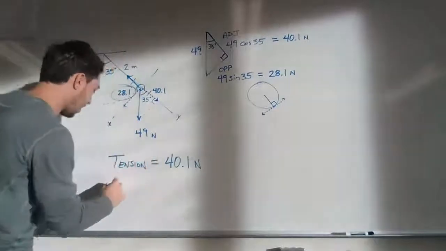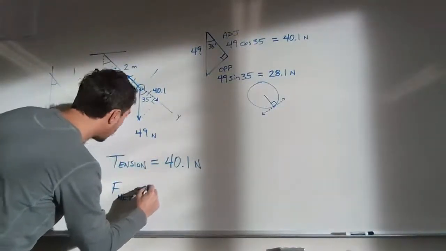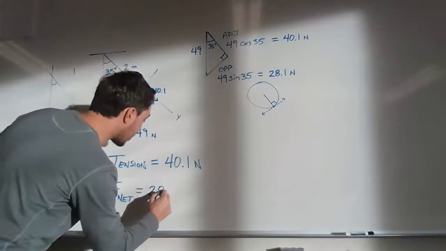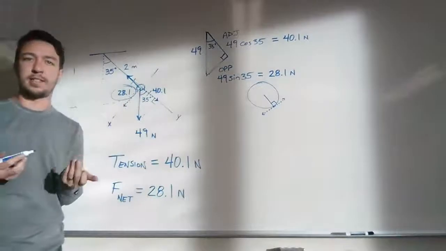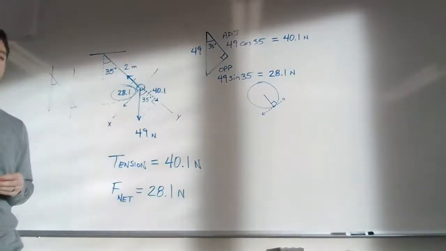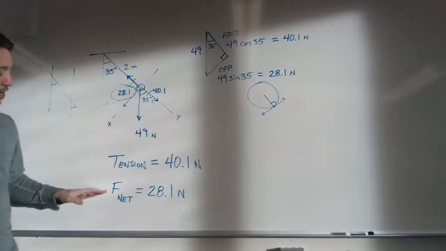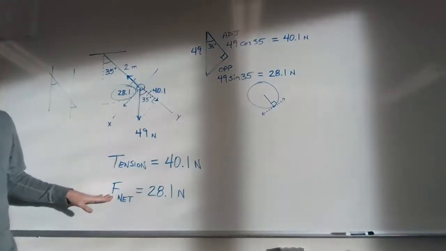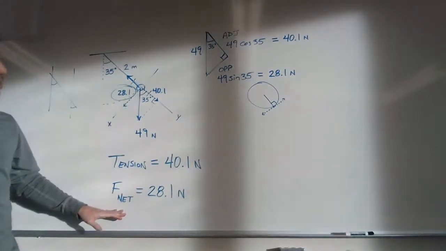So the net force on the system. Now let's take a second here. Let's phrase this in a physicsy, sciencey way. Where did this net force come from? What's a nice concise way of summarizing where this number came from?